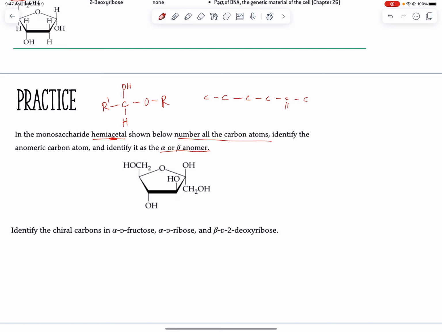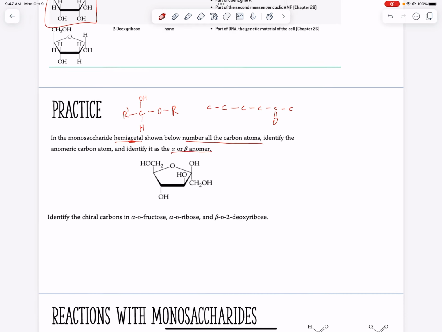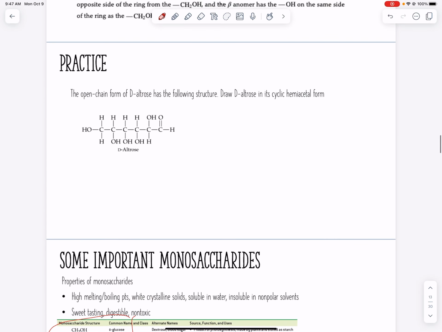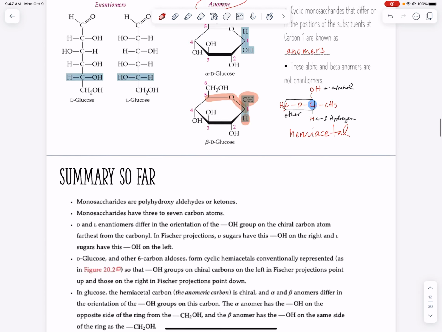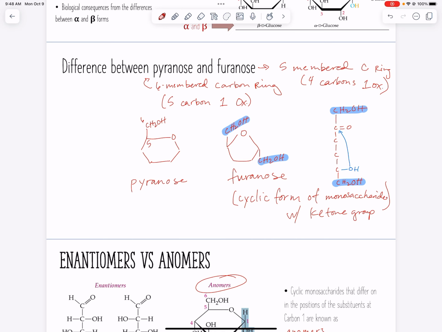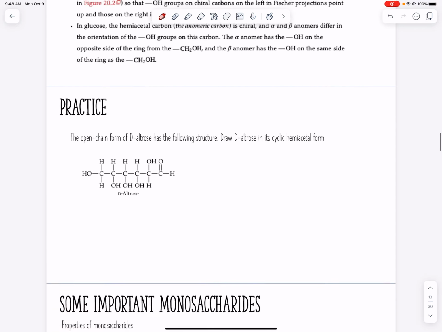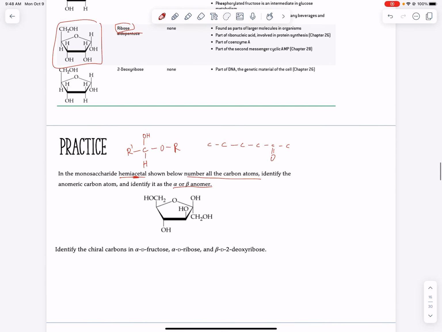I'm pulling that information from where we talked about the difference between pyranose and furanose. Furanose is a 5-membered carbon ring. Pyranose is a 6-membered carbon ring, and often you get the furanose when you had a ketone group in your straight chain monosaccharide. So that's what we have, which is why we end up with a 5-membered ring.